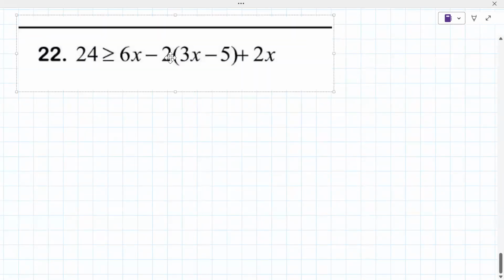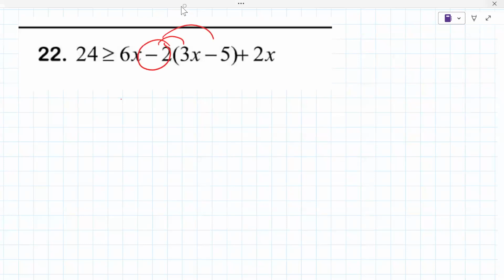Excellent. Okay. All right. So we got an inequality here. 24 greater than or equal to 6x minus 2 times 3x minus 5 plus 2x. Always a good idea to distribute first. Send this negative 2 in. So that becomes minus 6x plus 10.